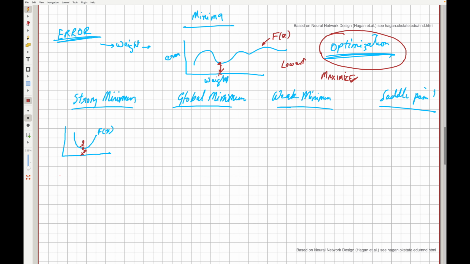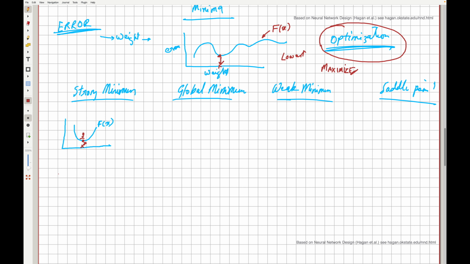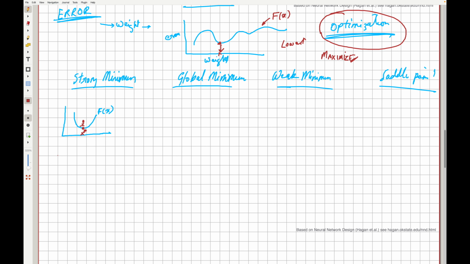And we can write that in mathematical words as follows. We can say that f of x star is less than f of x star plus delta x. Now what does delta x denote?